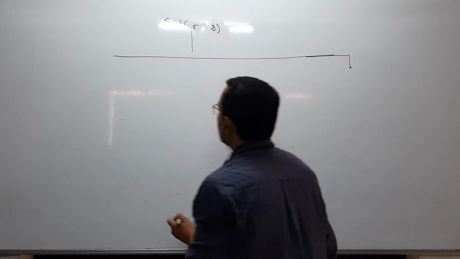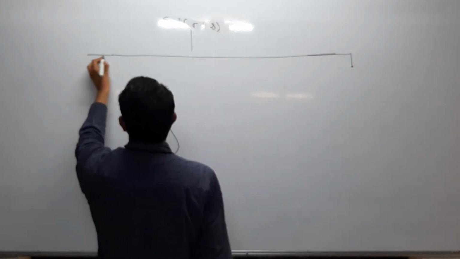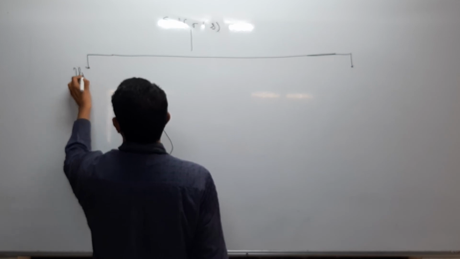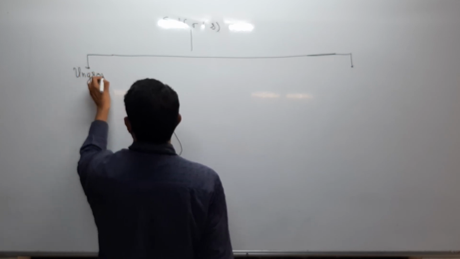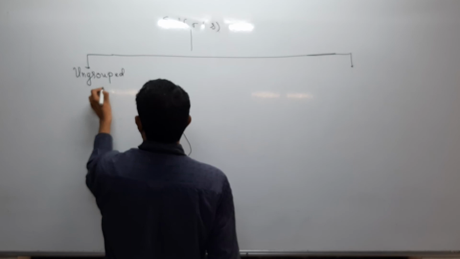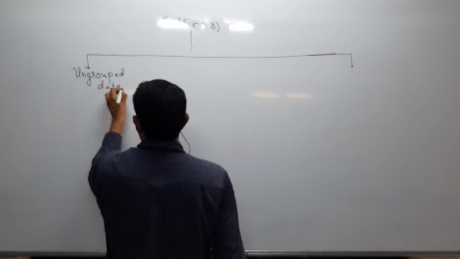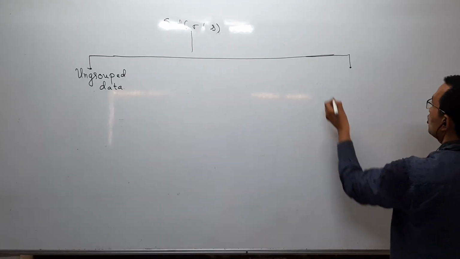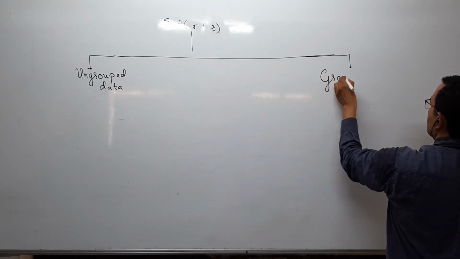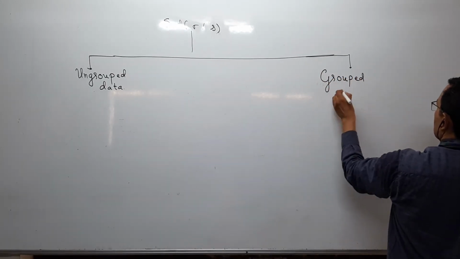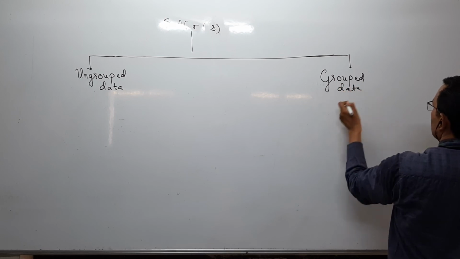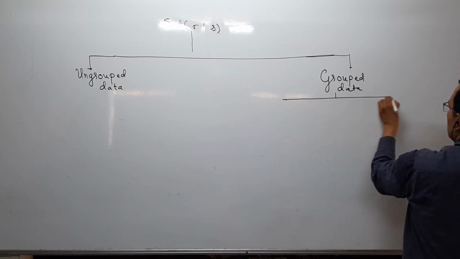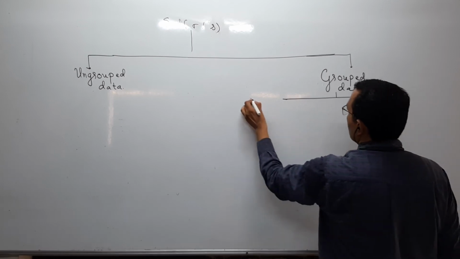Say the first part is, students, ungroup data, and the second part is group data. The first part is ungroup data and second part is group data.